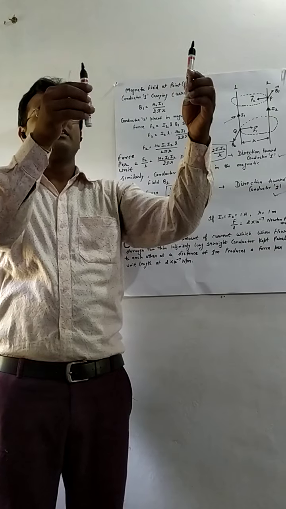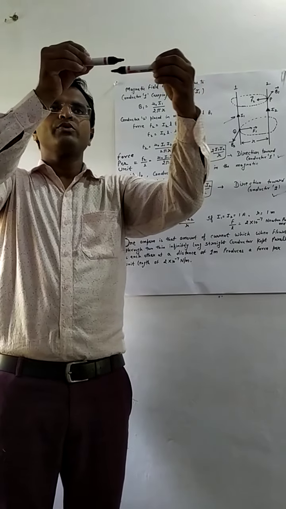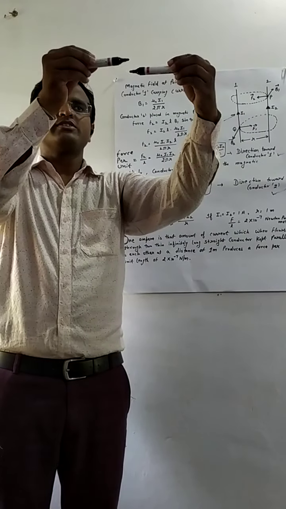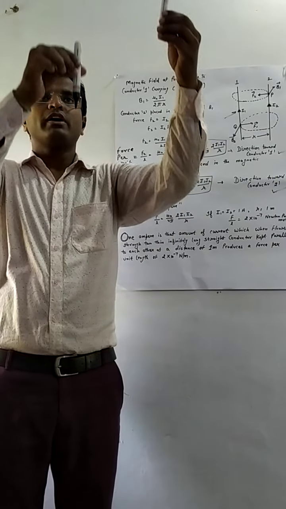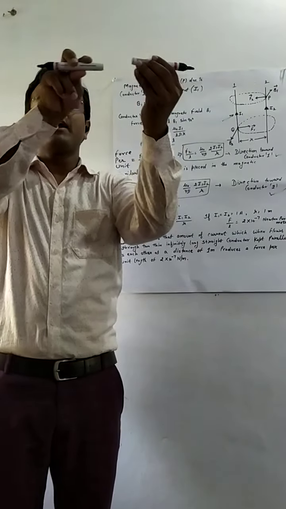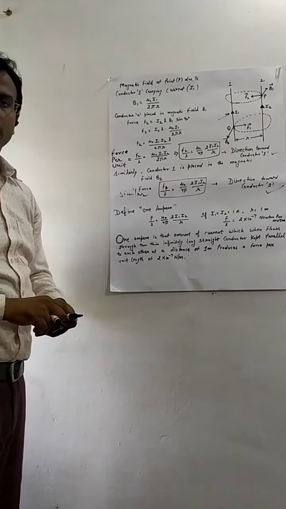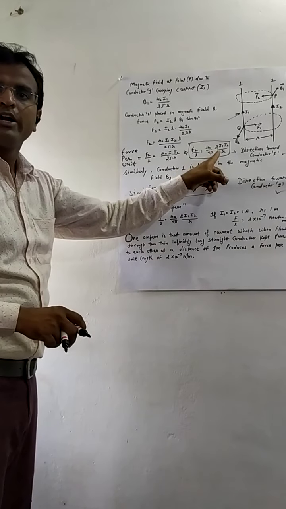In the earlier case, the currents are in the same direction, then they attract each other. But in the second case, when the direction of current is reversed, they repel each other with the same force. Force remains the same. That is equal to mu naught by 4 pi 2 I1 I2 by R.